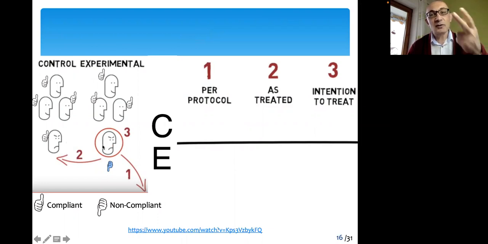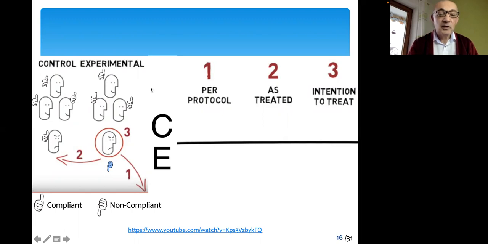Or the third option, which actually we want, is they remain in the group. So whatever the case is, there are three options. Whatever the case is, we have to analyze them as they are in the group to which they belong.